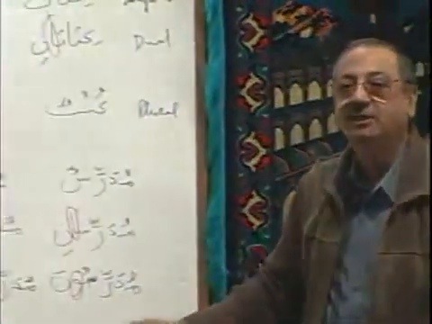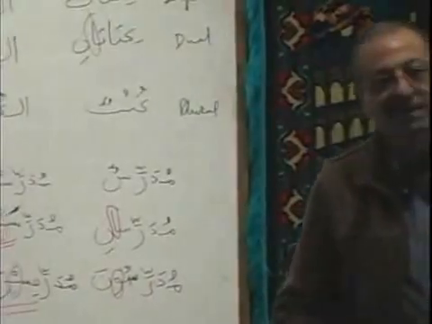And then Rasibatun, Rasibatan, Rasibatin. Now dual. Rasibani, Rasibaini, Rasibaini. Now Muannas, Rasibatani, Rasibataini, Rasibataini. Now Rasibuna, Rasibina, Rasibina.